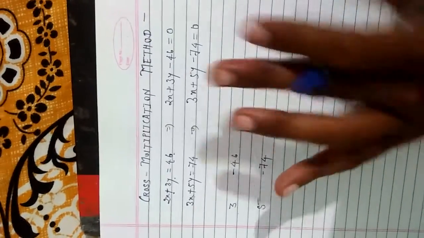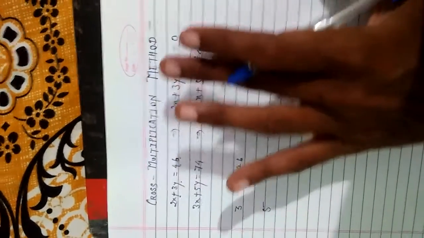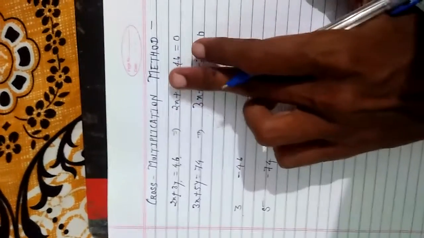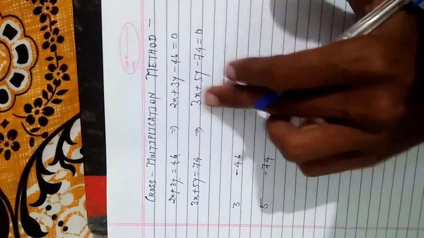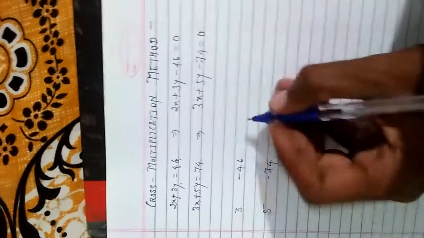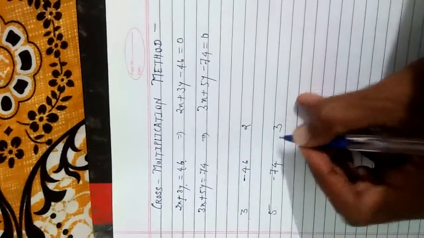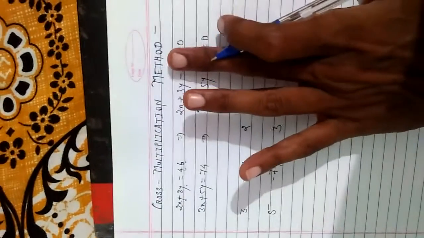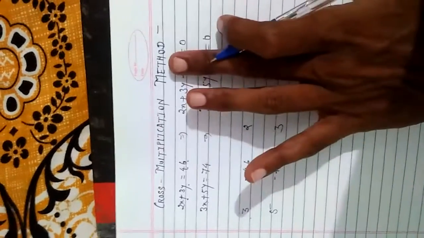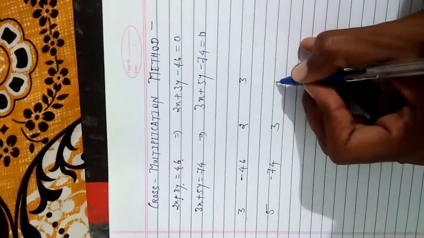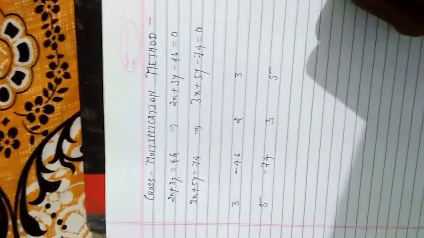Second, you hide the y terms. What is left? 2 and 3, so write it down here. Now what is left in the y terms? 3 and 5. I hope you got my point.